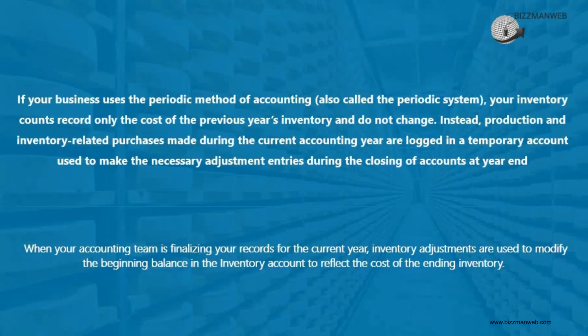If your business uses the periodic method of accounting, also called the periodic system, your inventory counts record only the cost of the previous year's inventory and do not change.